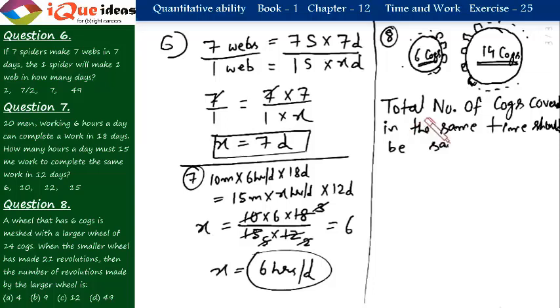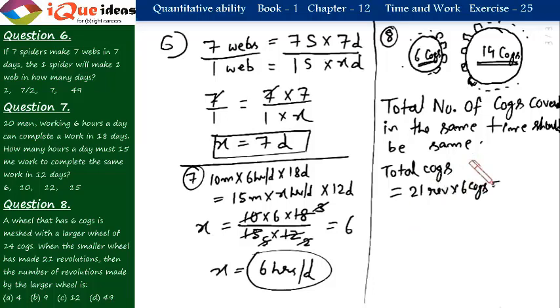Okay, now in this question it says the smaller one makes 21 revolutions. That means the total number of cogs covered by the smaller one will be 21 revolutions into 6 cogs.